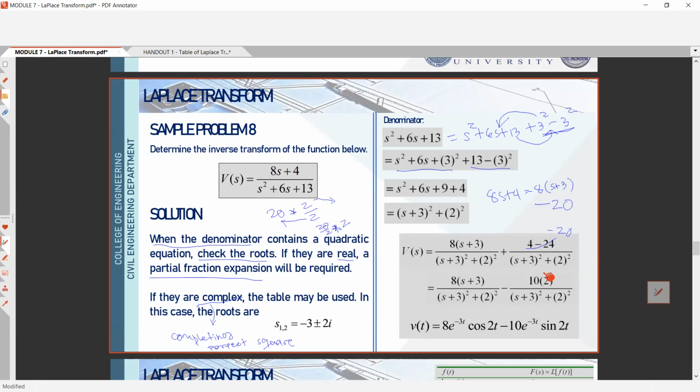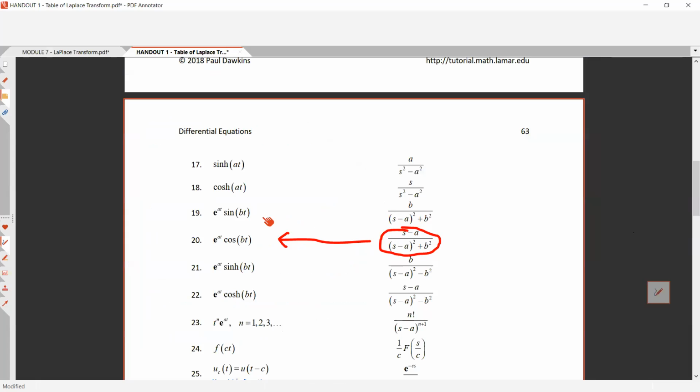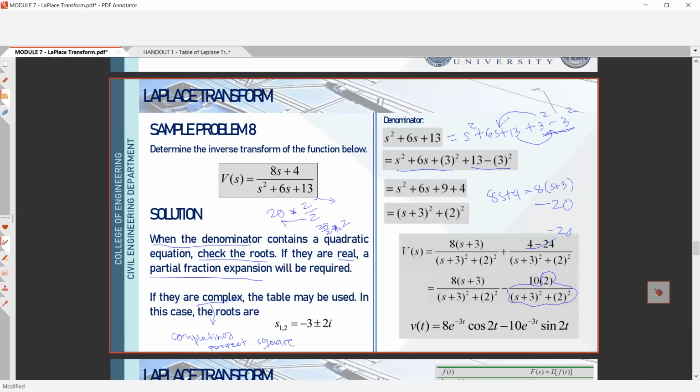Ngayon, ito, this part, recognizable na yan. Di ba? Recognizable na yan. That is equivalent to e raised to at sine of bt. Okay? So, 10, e raised to, yung a natin is negative 3, yung b natin is positive 2.